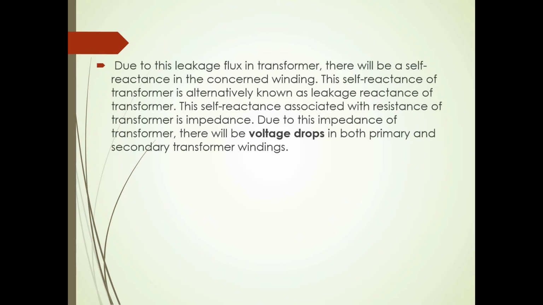Due to this leakage flux in the transformer, there will be a self-reactance in the concerned winding. This self-reactance associated with the resistance of the transformer is impedance. Due to this, there will be voltage drops in both the primary and secondary transformer windings.